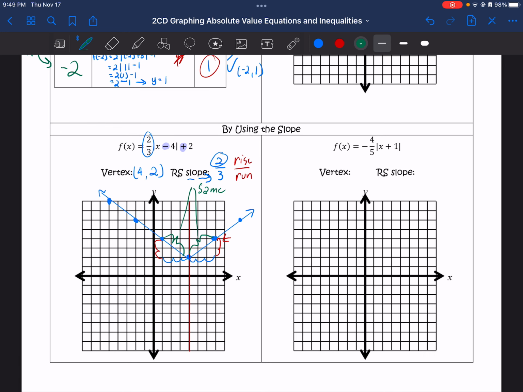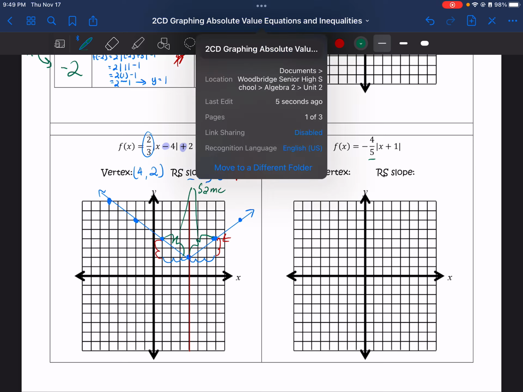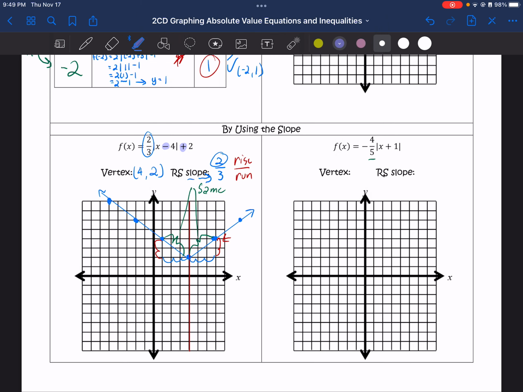So first let's look at our vertex. Let's find our vertex first. Well, we have a plus h. Right here, we have x plus 1. So you know that we're going to have a negative x value. And we have nothing for k. Well, what is nothing?